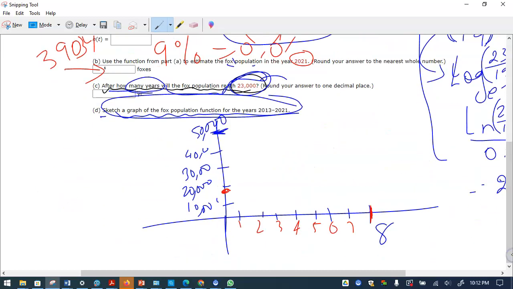So if it is 8, 39,000 will be somewhere here. The population will increase, so the graph has to go like this. That's it, and you're done. You can also put it in the calculator and check, but the question is not asking us to do that. But let's check.